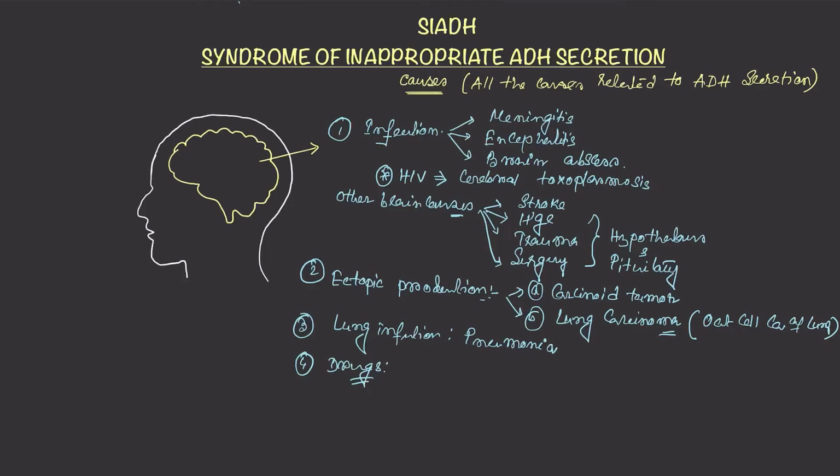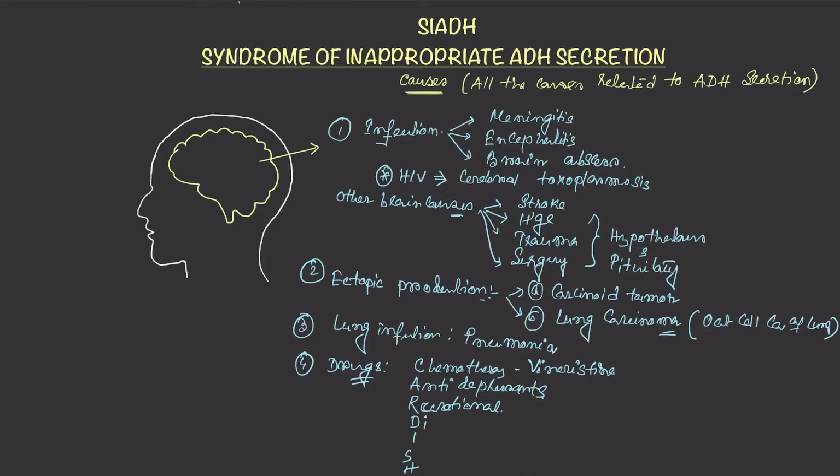Different drugs can also increase the ADH production. You can remember it by the mnemonic CARDISH. C for chemotherapy, the most notorious being vincristine. A for antidepressants, both TCA and SSRI.